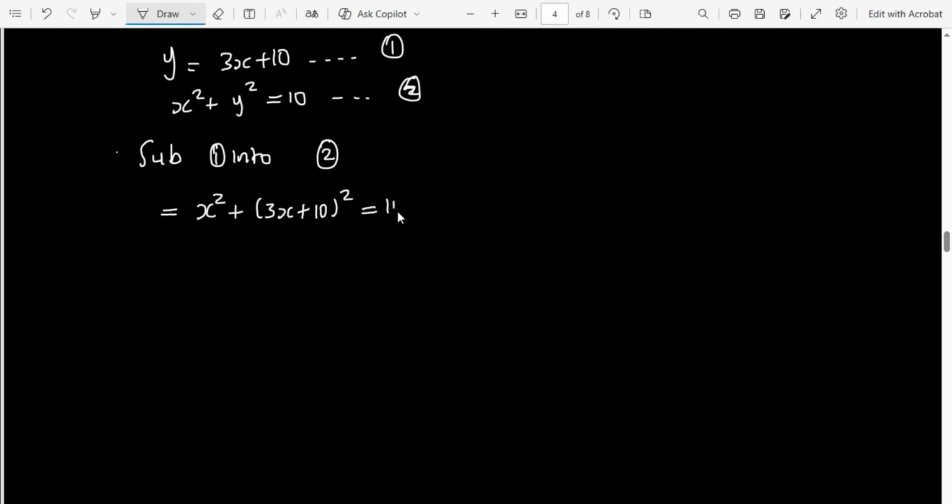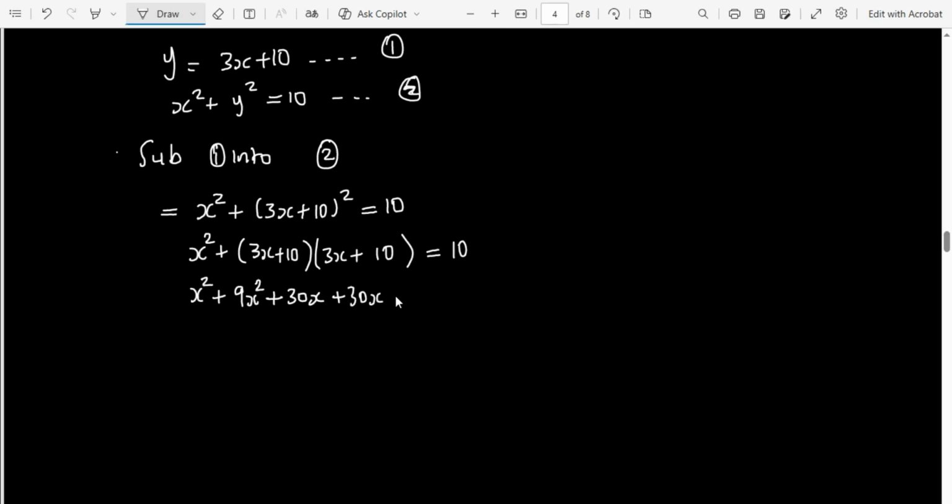Let's expand the brackets: 3x plus 10 times 3x plus 10. 3x times 3x is 9x squared, 3x times 10 is 30x, 10 times 3x is also 30x, then 10 times 10 is 100, which is equal to 10.